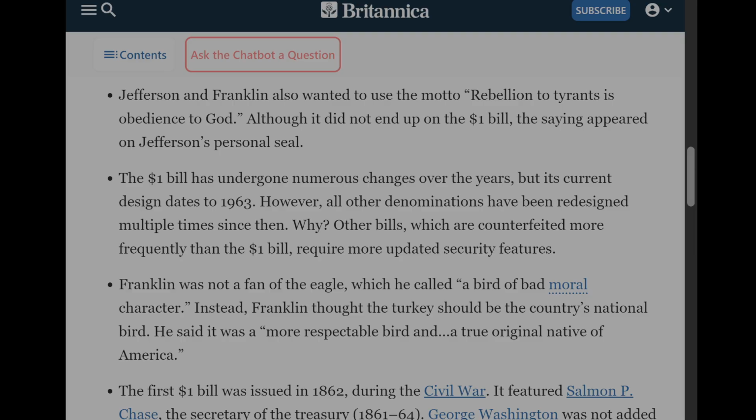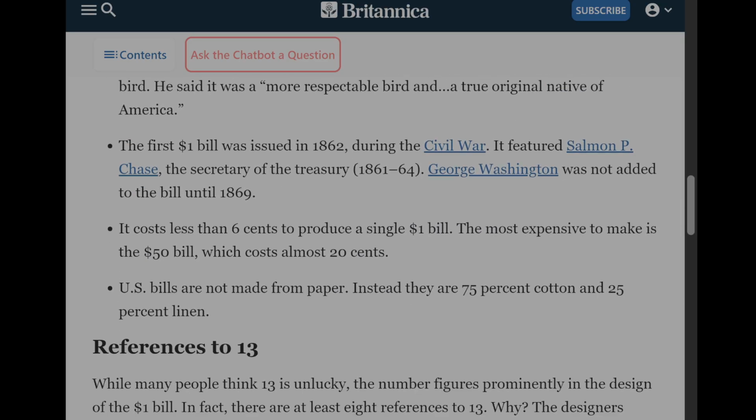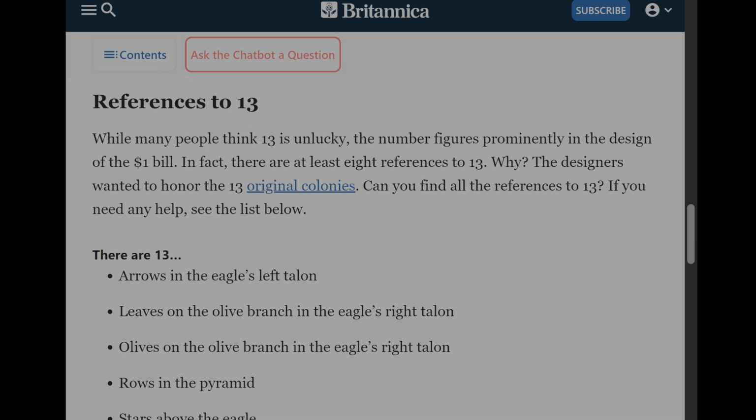It's not the longest paper on it, but okay, I'm going to move it again so that you can pause it. 75% cotton, 25% linen, it says. Interesting. Okay, moving up.